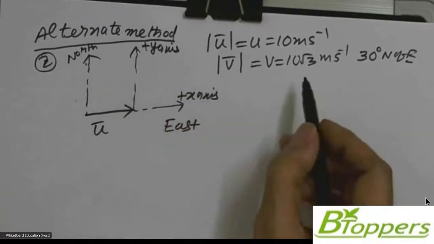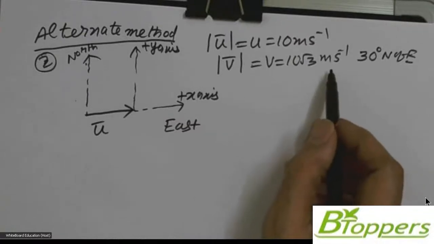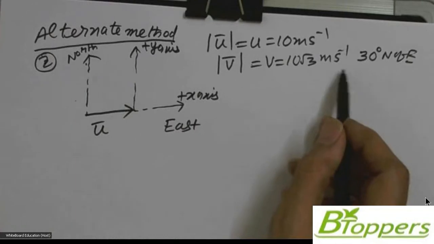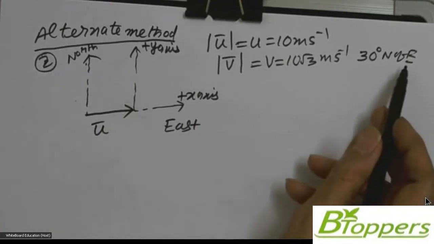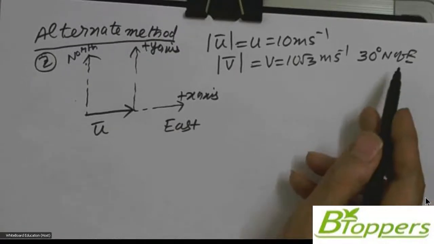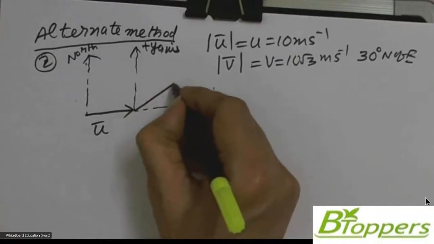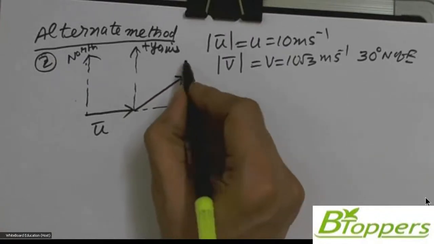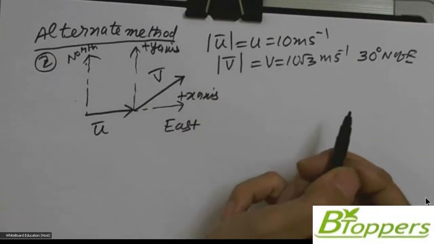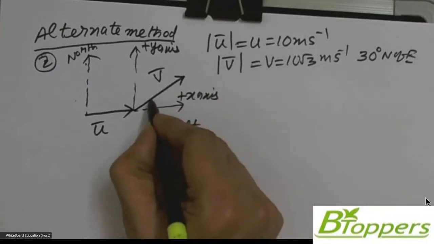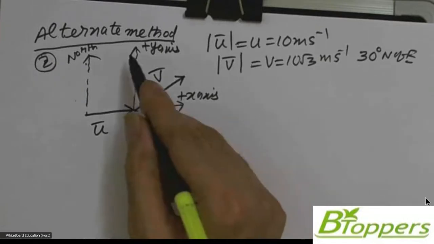The final velocity vector v bar has a magnitude of 10 root 3 meter per second, and it is in the direction 30 degrees north of east. That means the direction of the final velocity vector v bar makes an angle of 30 degrees with the east direction and is inclined towards north.